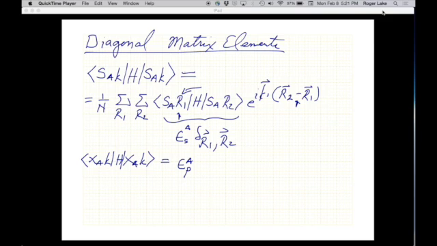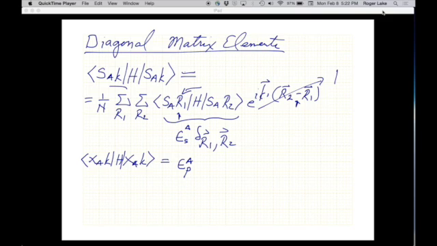Right. So this Kronecker delta function will collapse the sum over R2 and then the sum over R1. It also then kills off my phase factor, right? If you set R1 equal to R2.